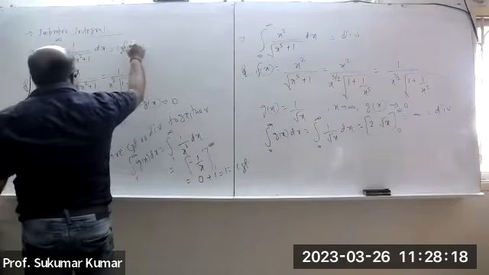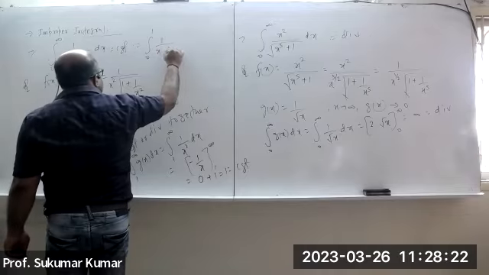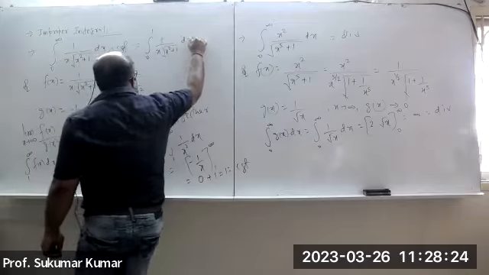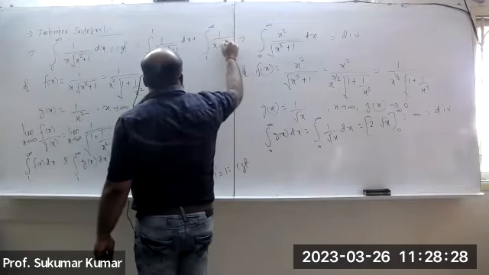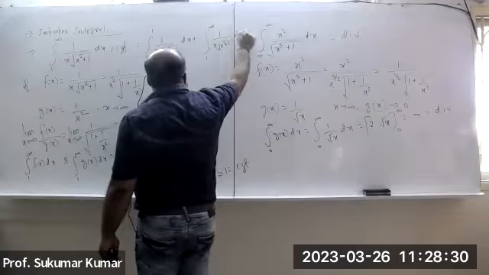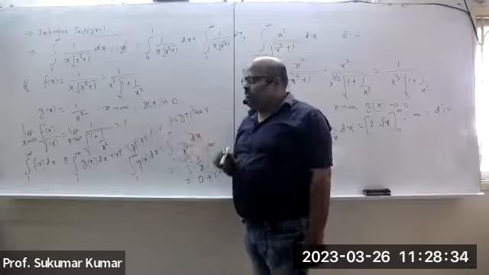So you can change to 0 to 1 and 1 to infinity like this. For 1 to infinity, solving, g of x is 1 by x square.